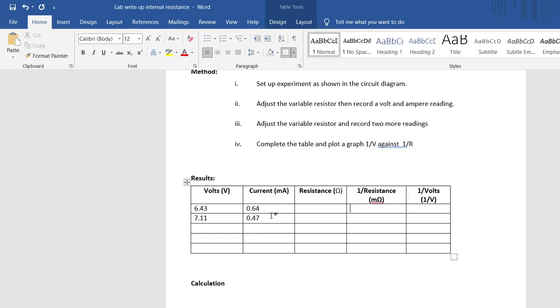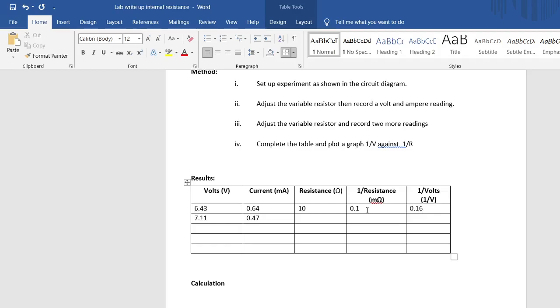So in order to get our resistance, we can calculate R is equal to V over I. Put this in your calculator: 6.43 divided by 0.64, and you end up with 10 ohms. 1 over R is 1 divided by 10, which is 0.1. 1 over V is 1 divided by 6.43, and you end up with 0.16.